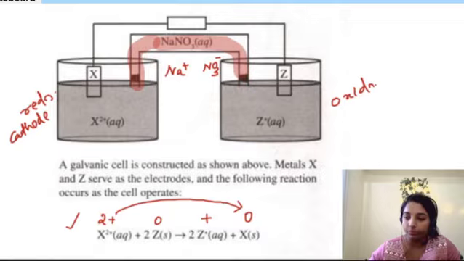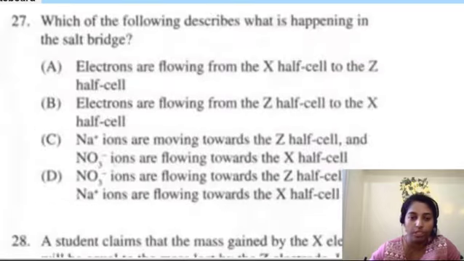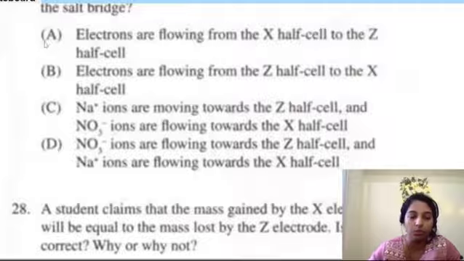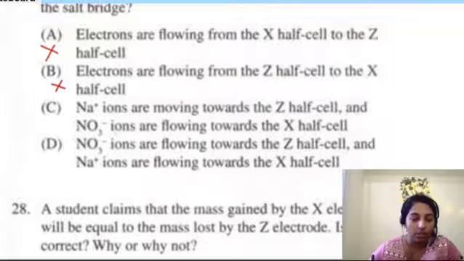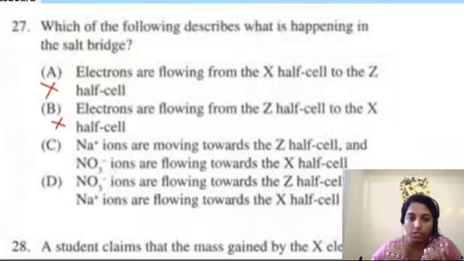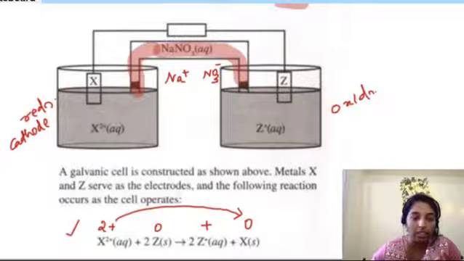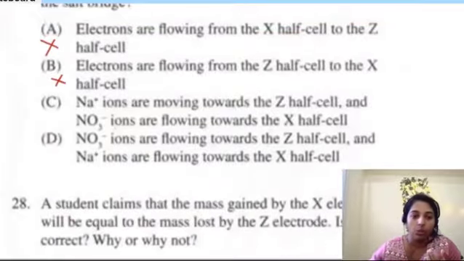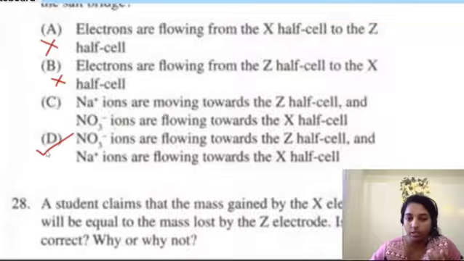Clear? Okay, so which is the option? In the salt bridge, electrons are flowing now, and Na+ ions move towards the X half cell. We saw Na+ is going to the X2+ side. So option D is the correct option.